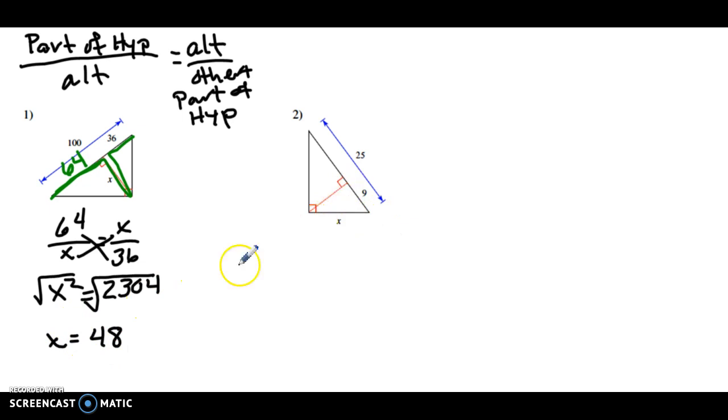So when I go to number 2, I have a different proportion here because I know that where this x is, that's a leg of my right triangle, where 25 is the hypotenuse of the right triangle. This is a hip, and this is a leg. Okay, so that's an E there, just so you know. So I'm going to use the hip-leg rule.